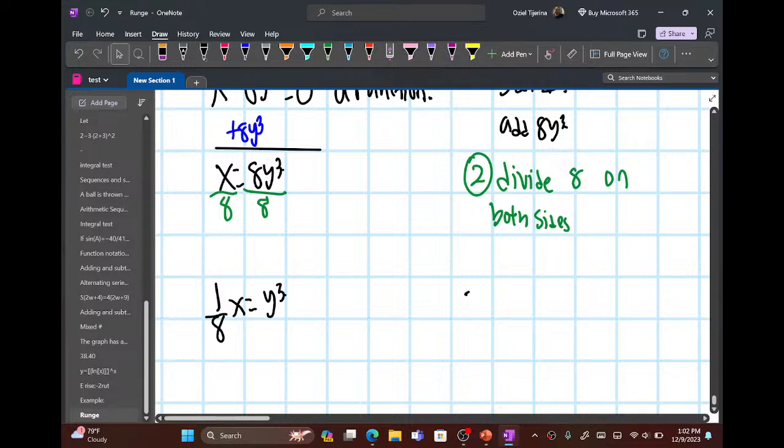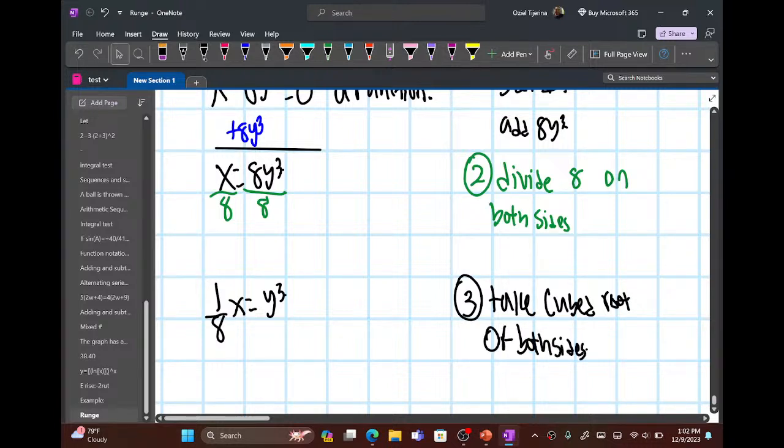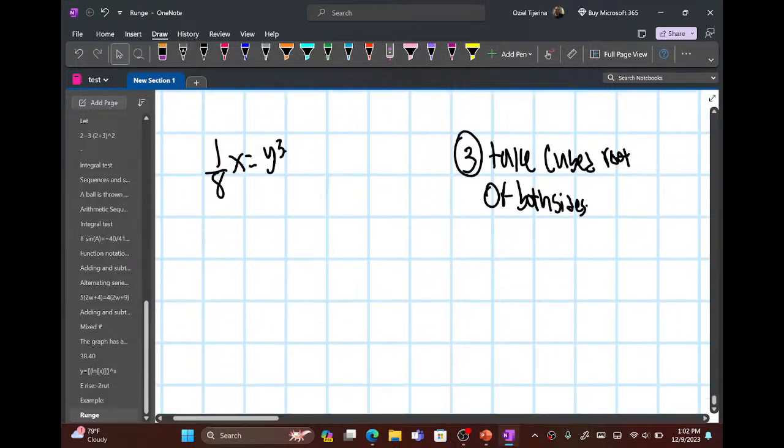And then number 3, take the cubed root of both sides.